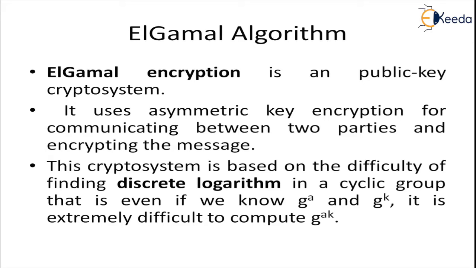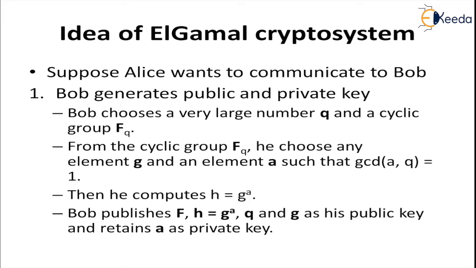That is, even if we know g raised to a and g raised to k, it is extremely difficult to find g raised to ak. We are going to see an example of this.